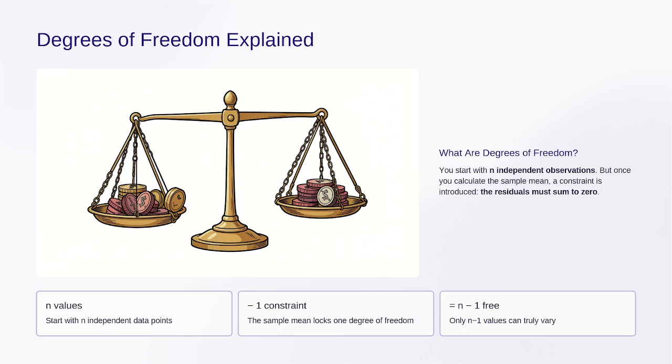It cannot move freely. So, 5 total values minus 1 restriction equals 4 free values. That's why we divide by n minus 1, because only n minus 1 values are truly free. This is the heart of Bessel's correction.